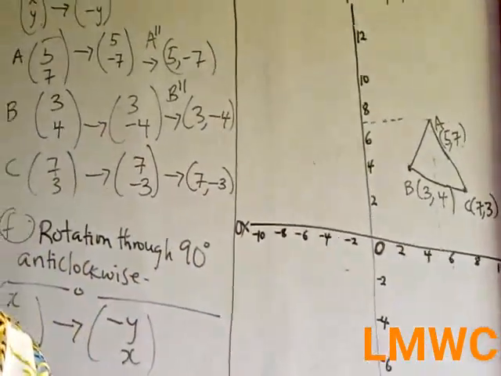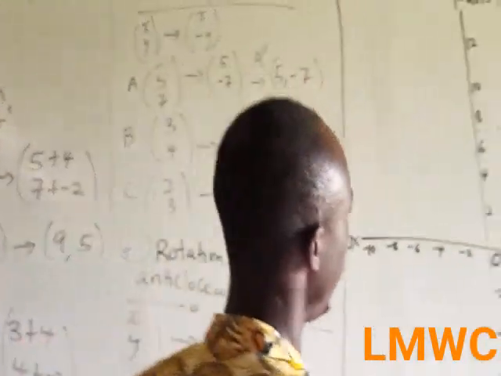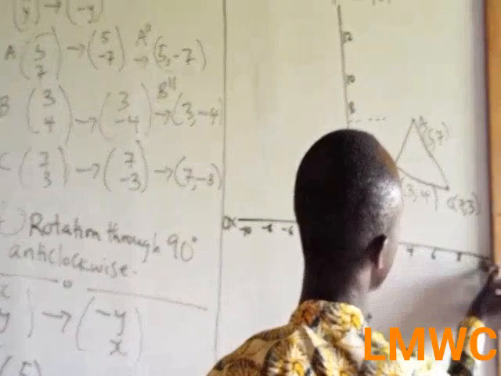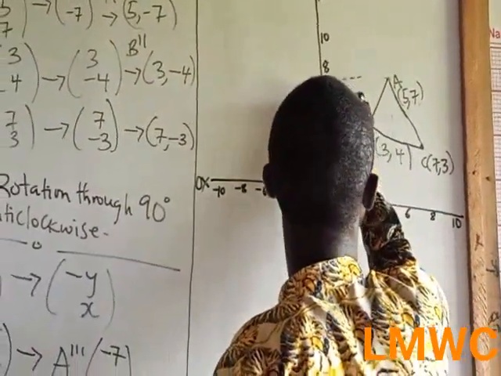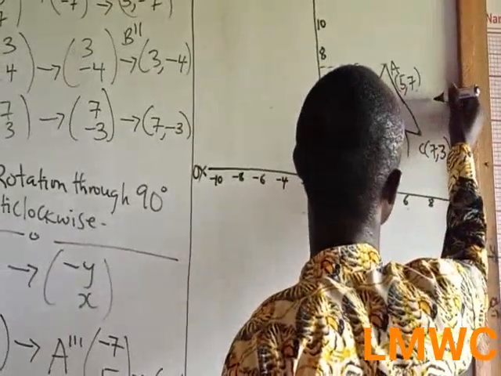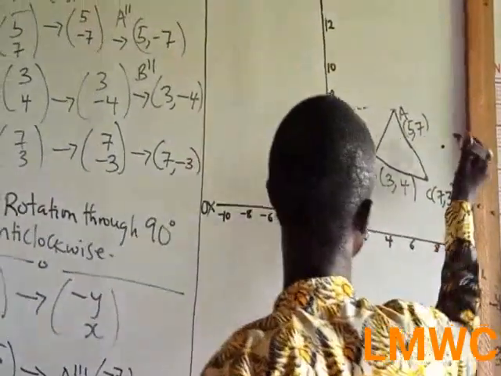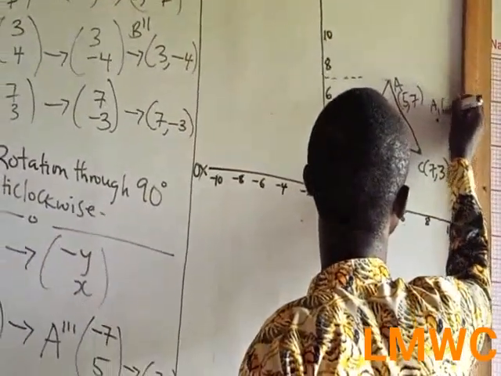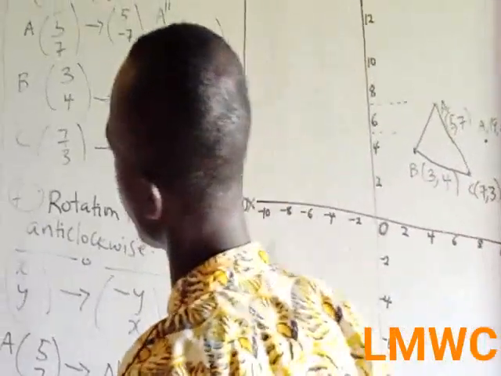The second one. Now, A1 is 9 halves, 5. We have 9 here. In between 8 and 10 is 9. So 9, 5. In between 4 and 6 is 5. So 9, 5 is here. So A1, 9, 5. We label it.